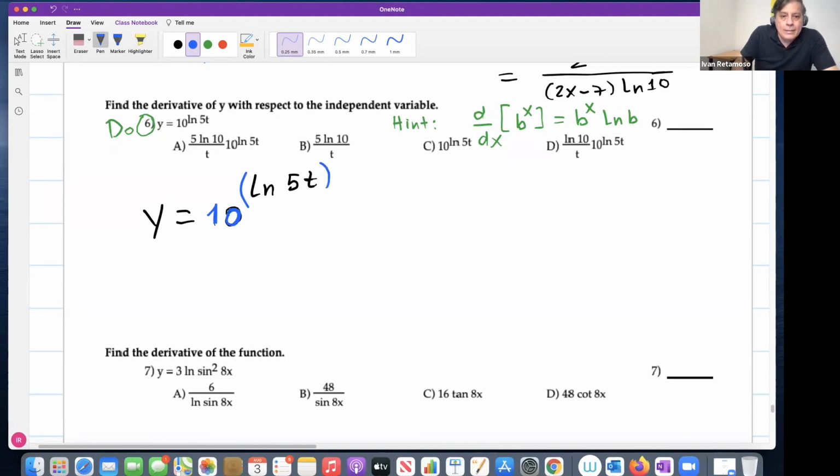And your inside function should be this, natural log of 5x, which is at the same time a composite function. So be careful there. Very tricky questions.